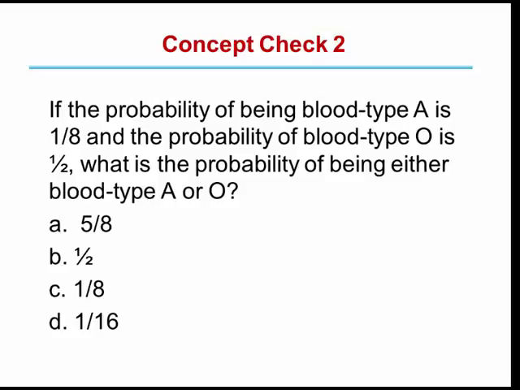The probability of the other one is 1/2, and so 1/8 plus 1/2 is, well, 1/2 is 4/8, so it should be 5/8. And so that's what it is. In this case, you can't say what's the probability of being type A and type O with one child, because you can't be both. It's got to be one or the other.